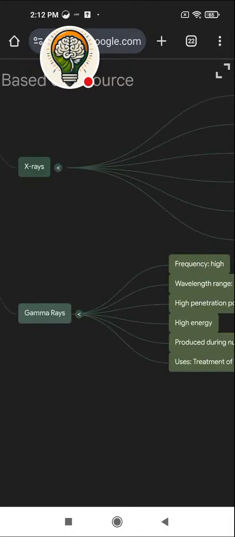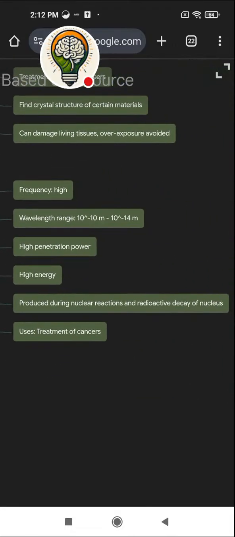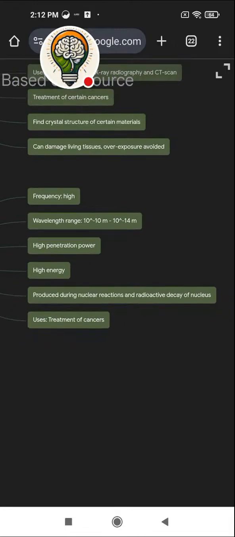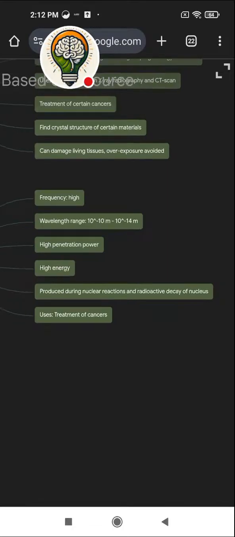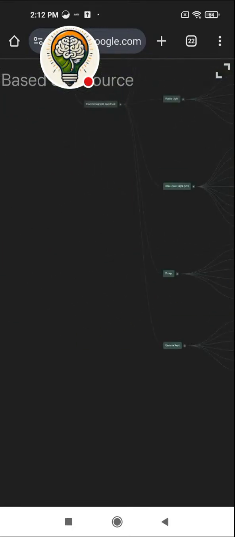Then gamma rays: frequency is high and wavelength range 10 power minus 10 to 10 power minus 14 meter, high penetration power, high energy, produced during nuclear reactions and radioactive decay of nuclei, and used in treatment of cancer.